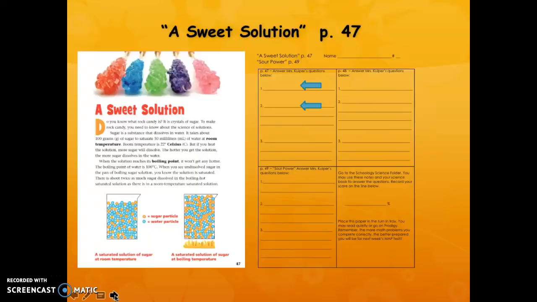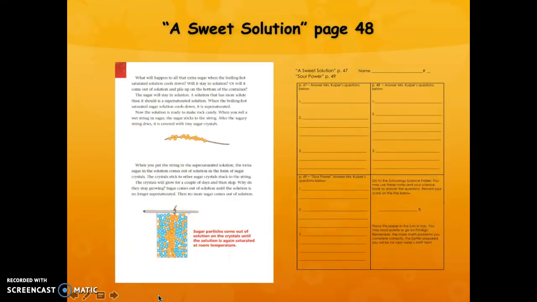And on this page, it explains how much more sugar will dissolve in boiling hot saturated water compared to water at room temperature. How many times more, I guess, is what I'm looking for. And obviously, that's question number 3. So you're going to put your answer next to the number 3. All right, when you're done, go ahead and go on to the next page.